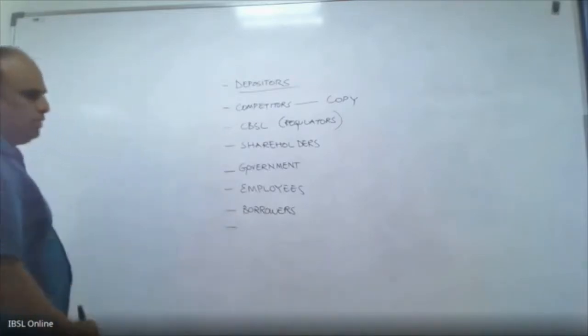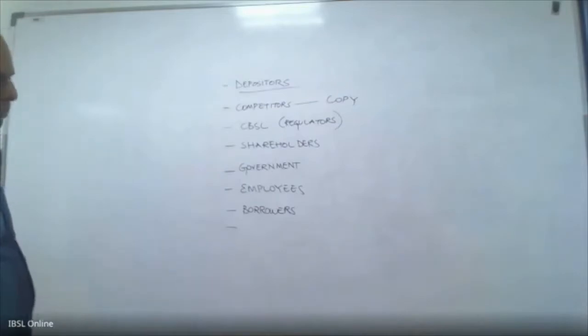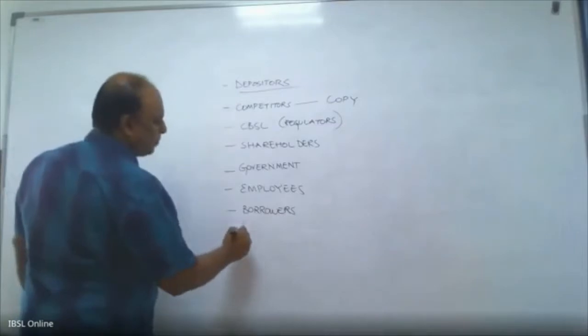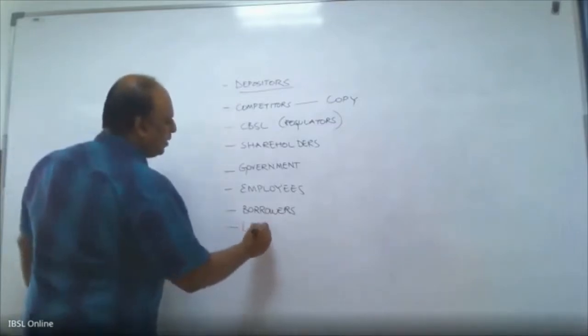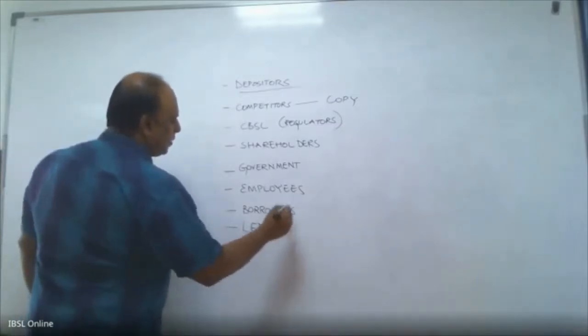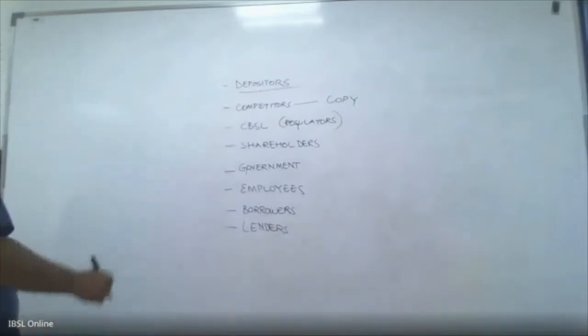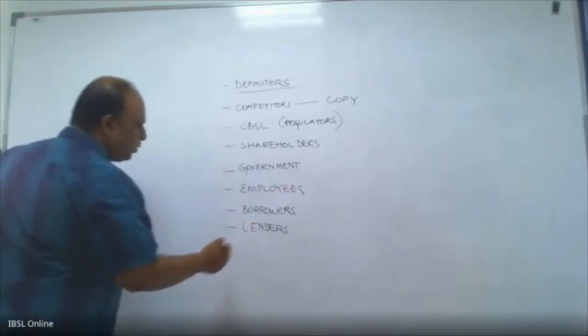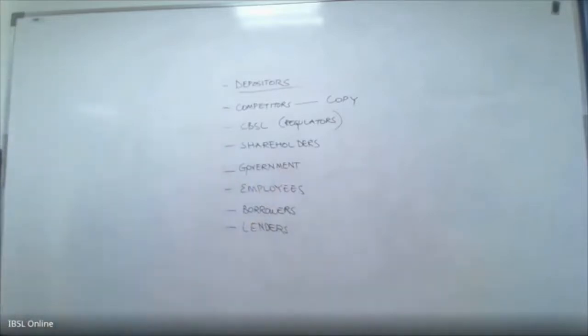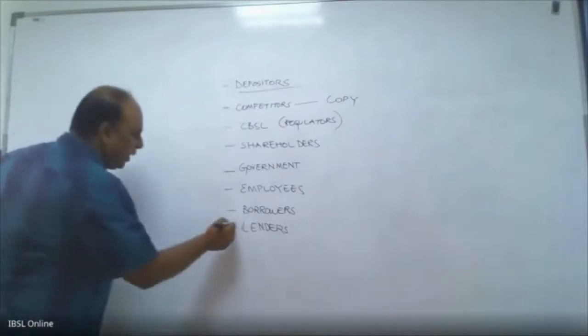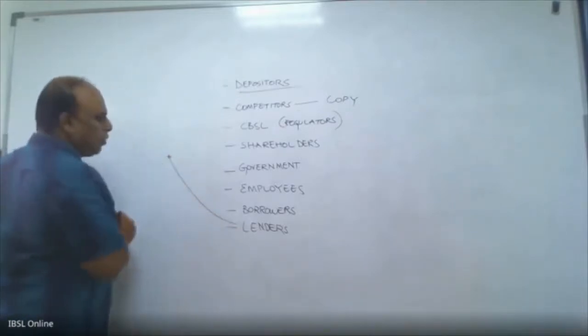Who else? Somebody said another term. What is that? Somebody said lenders. Who are lenders? Now sometimes what will happen? The bank also might need money. So they go to some other people to borrow.